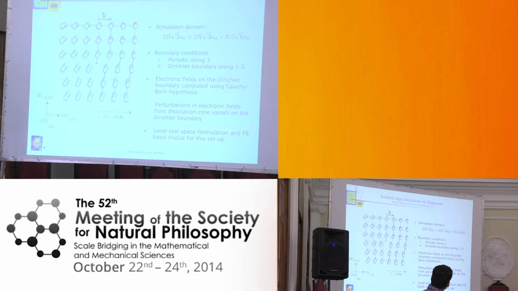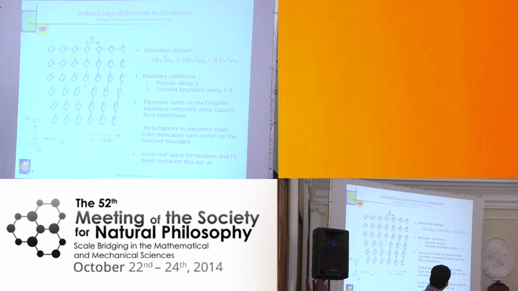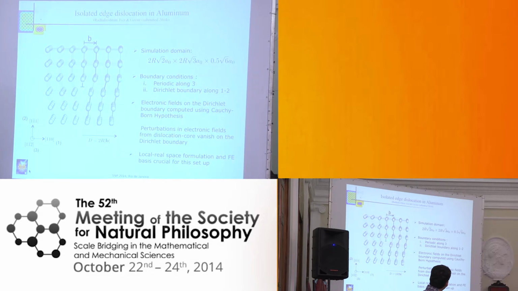And we considered increasing simulation domains where the distance from the line of the dislocation to the boundary over here is 2r times the Burgers vector. And this r was an integer parameter, which gave us increasing simulation domains. The boundary conditions that we applied are periodic boundary conditions along the z direction, because it's a line dislocation that we're looking at.